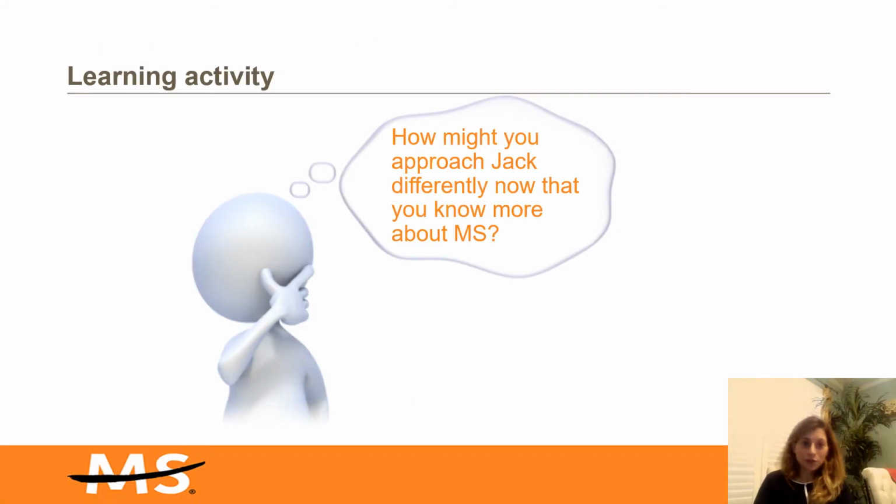So now that we've talked about the common MS symptoms and the visible and invisible symptoms, how would you approach Jack differently now that you know more about MS? Clearly, MS is a disease that does not only affect function in terms of weakness in an arm or a leg, but there's more to the disease, other symptoms that can bring on or worsen these physical symptoms.